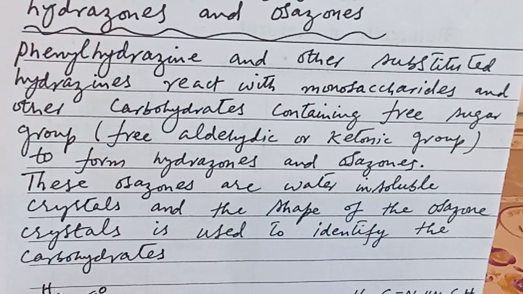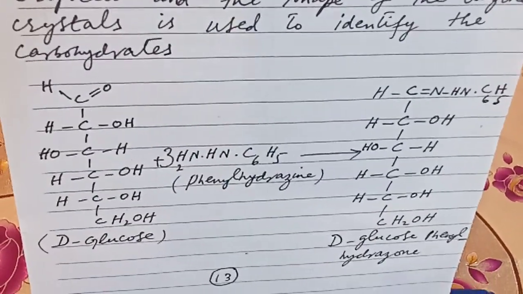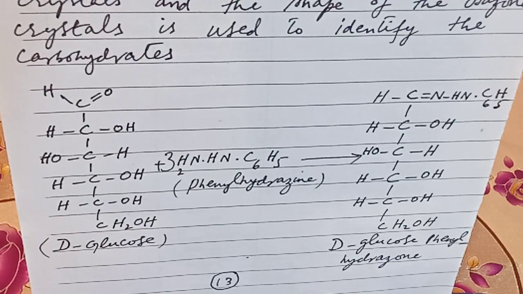Lactose also reacted with the phenylhydrazine. Maltose also reacted with the phenylhydrazine. Fructose also reacted. So they will, but the appearance of the crystal will be different in different sugars. But the needle shaped crystal will be observed in case of the glucosazone. Okay.